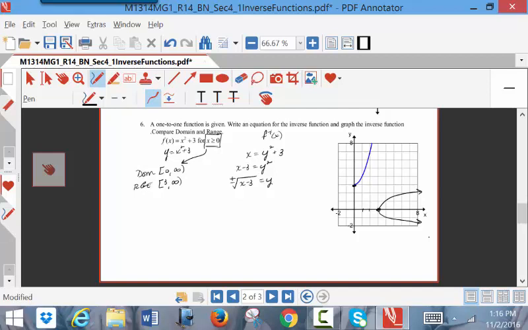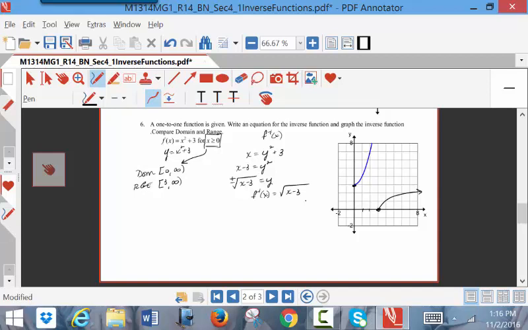Just the top part, right? So the inverse function is just the positive version of the radical, because the positive is the top half of that image.